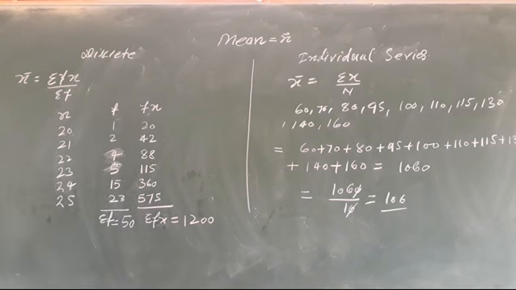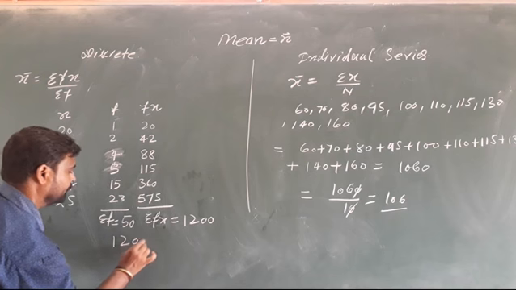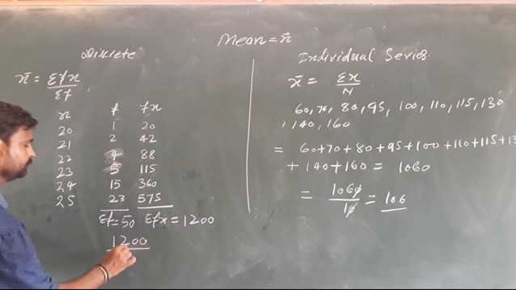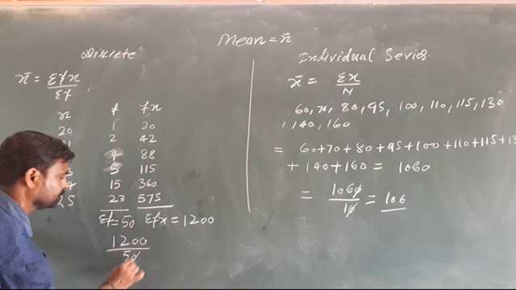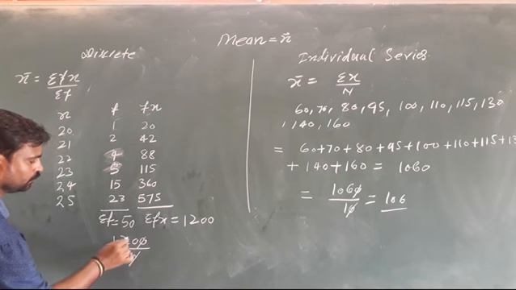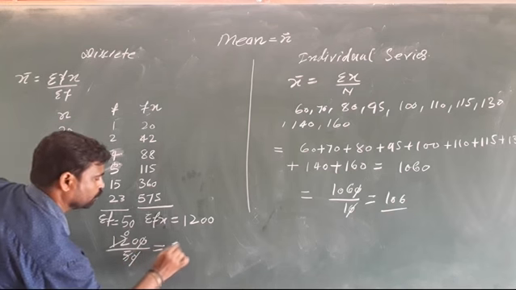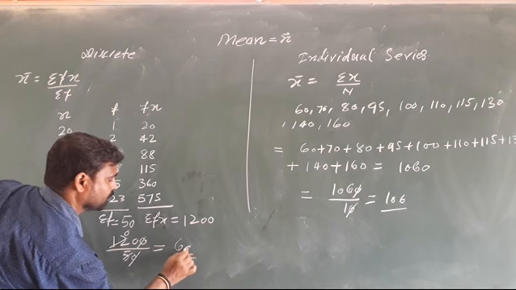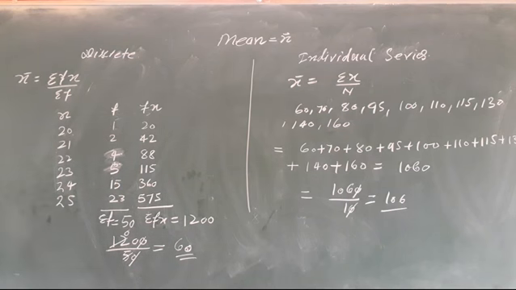Now we will put the value in the formula: 1200 divided by 50. So the 60 will be your answer, the mean of this series will be 60.